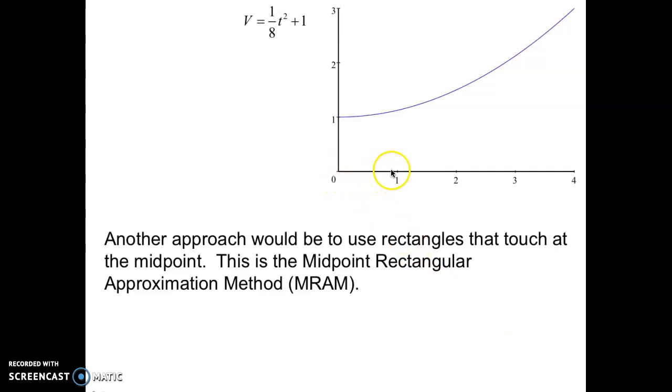In other words, if I want a width of 1, I would go here at 0.5 and hit the curve in the middle and then draw on either side, and then start here at 1 1/2 and hit the curve in the middle and then draw to each side, and then go to 2 1/2 and hit the curve in the middle, and then 3 1/2 and draw on each side. So if I drew the rectangles, they would look something like this.